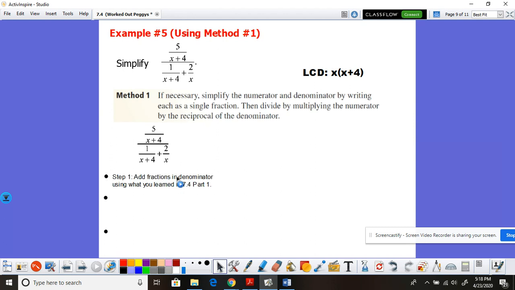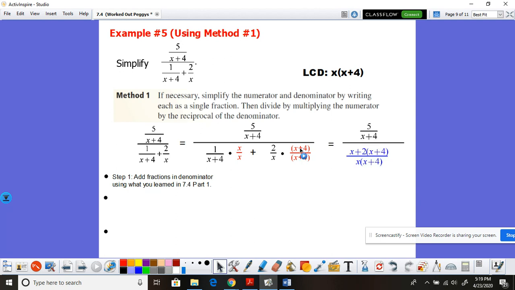I'm going to multiply both of these terms by the missing part of the LCD. For the 1 over x plus 4, I'm missing the x, so I multiply it by x over x. For the 2 over x, I'm missing the x plus 4, so I multiply it by x plus 4 over x plus 4. Now, when I do that, I'm going to multiply straight across. So I end up with something like this.